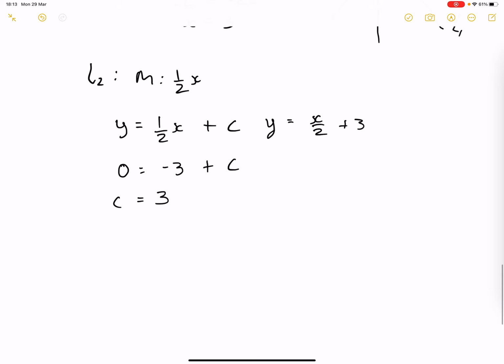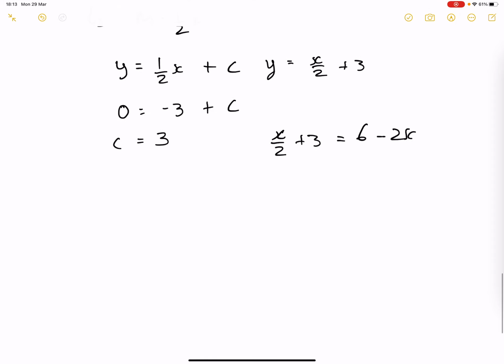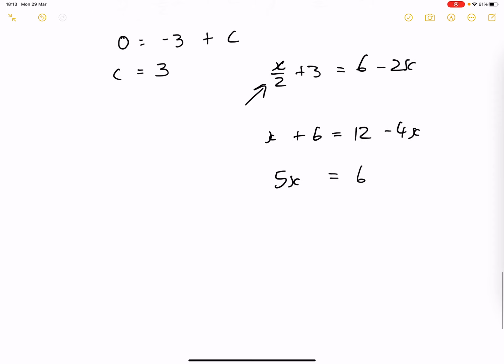So, x over 2 plus 3 will be equal to 6 minus 2x. First of all, I'm going to multiply both sides by 2 to get rid of this fraction. That's going to give me x plus 6 is equal to 12 minus 4x. Then rearranging, that is 5x is equal to 6. Therefore, x is equal to 6 over 5.